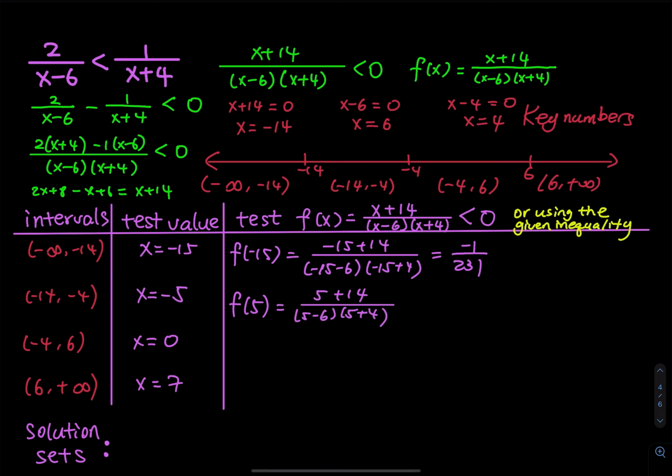If you are lazy about calculating exactly, just tell me whether that is positive or negative. For f of 1, the top is negative, and the bottom has two negatives, so the whole fraction is negative.